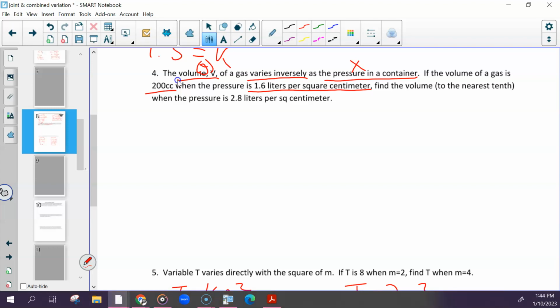Inversely, we're dividing. Are we going to use the numbers? Not yet. We're just setting up the equation.